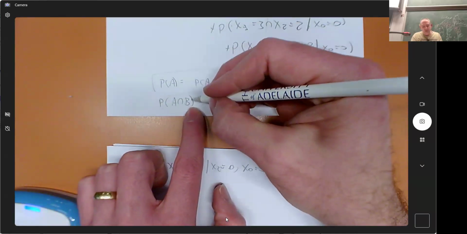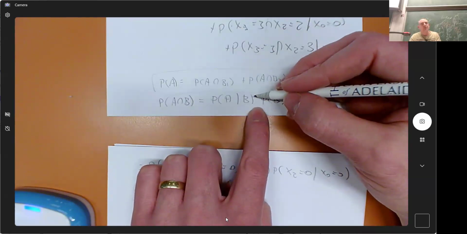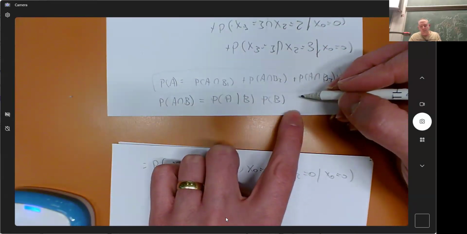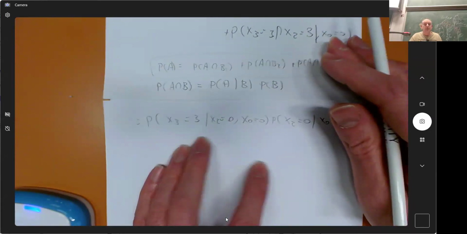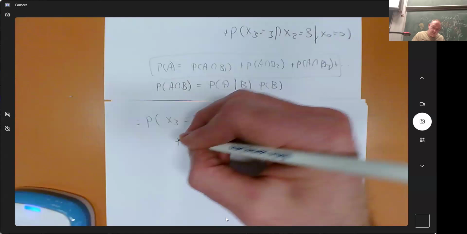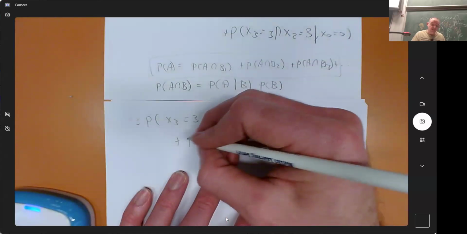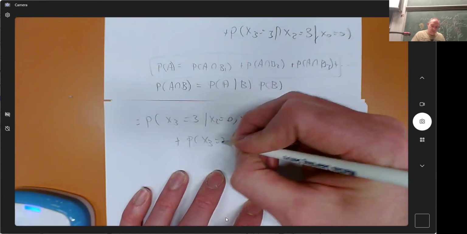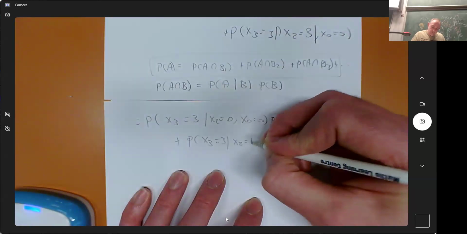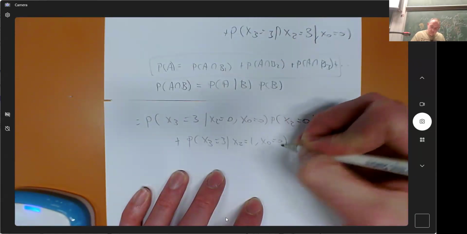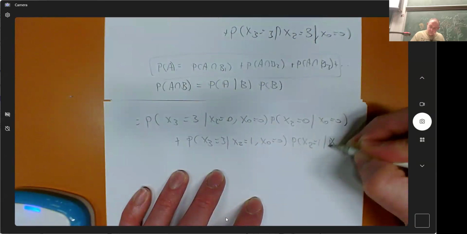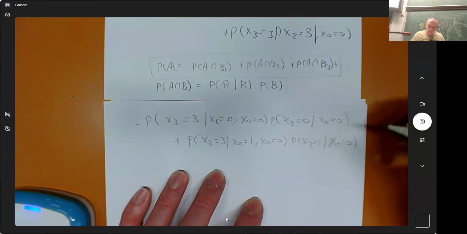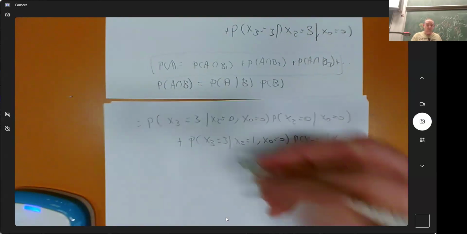But this has a given x0 equals 0, and so does this. And when you combine two givens together, it's just a comma. And so all of these will be similar, like that, and so on.